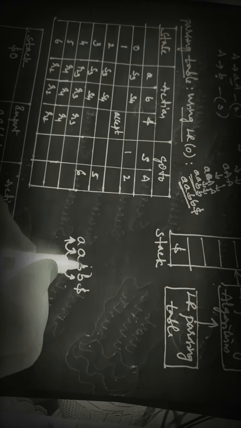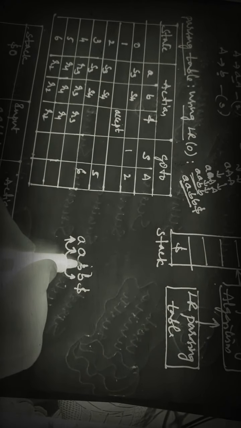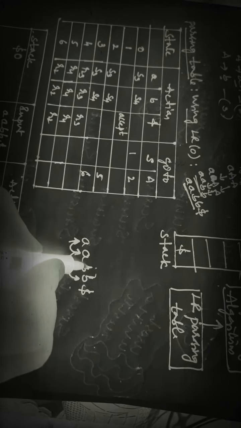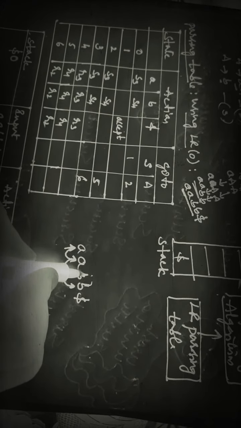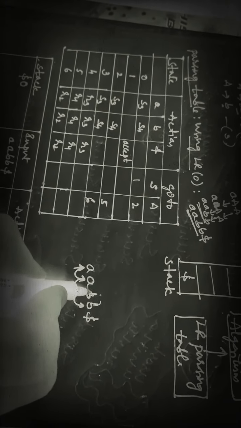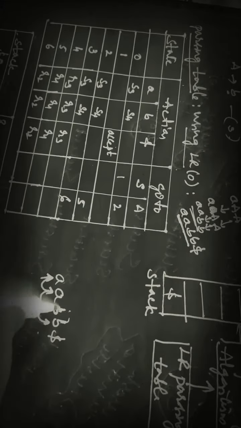How does it reduce the previous input symbol? Reducing here is nothing but replacing the terminal by the left side variable of that production. So which one are you replacing here? This input symbol B you are replacing. It means that this input symbol B must appear in the right side body of a production.